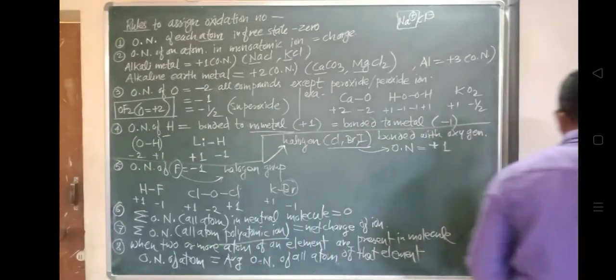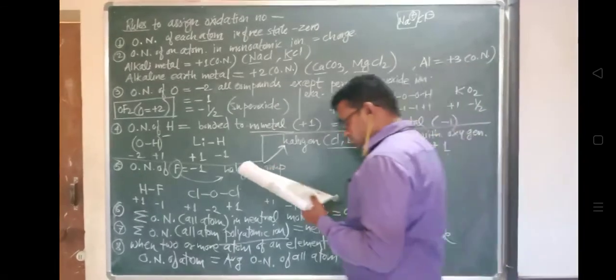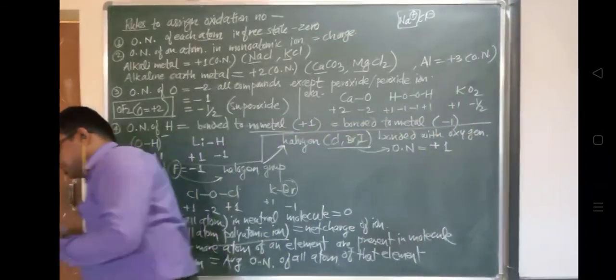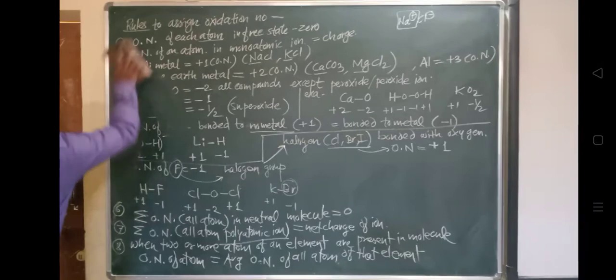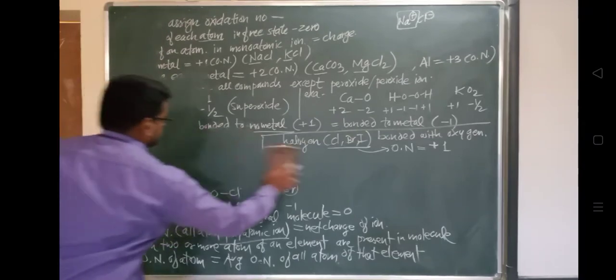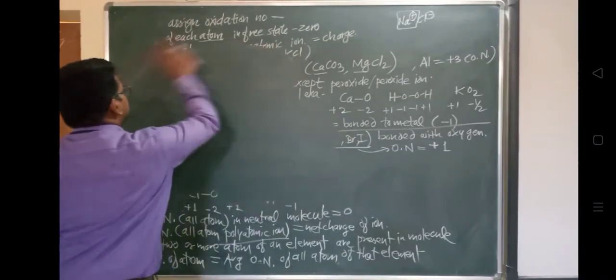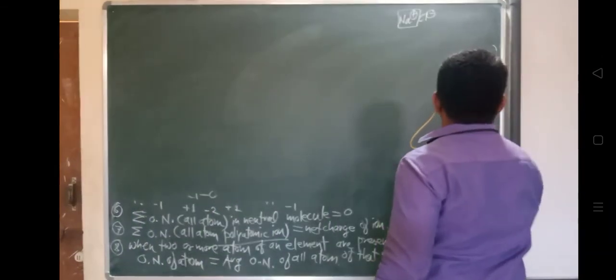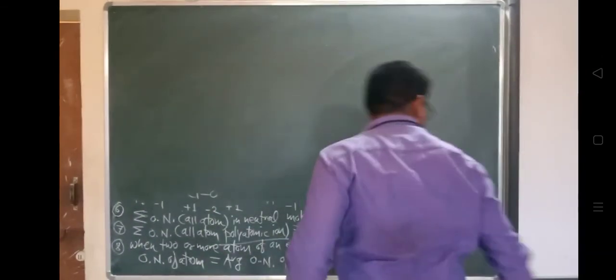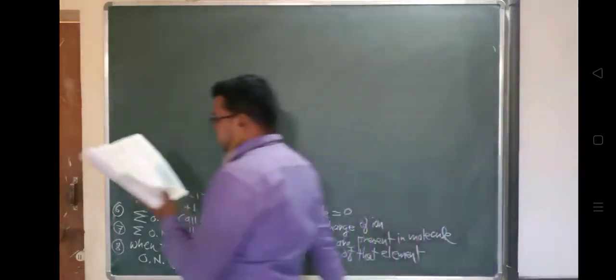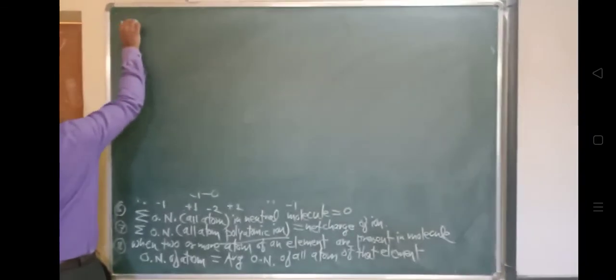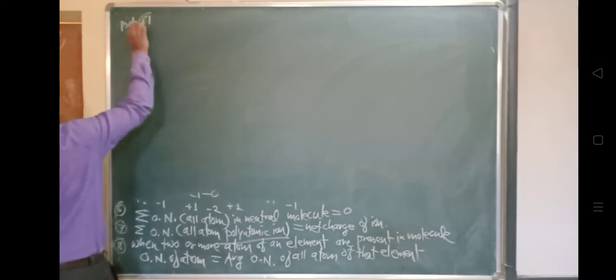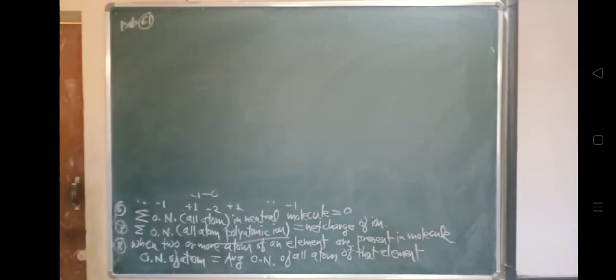We'll try to solve one problem, problem number 6.1, by which we will clear the concept of oxidation number. Problem 6.1 is to deduce the oxidation number of sulfur.